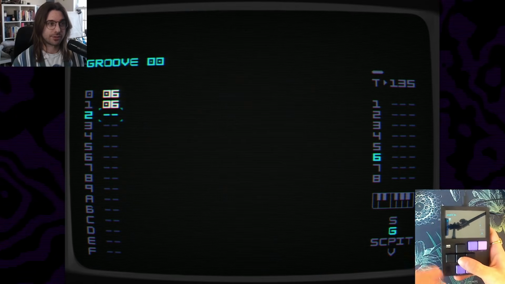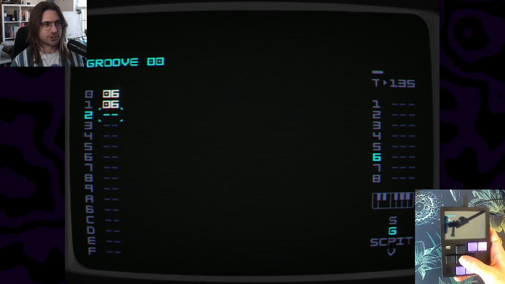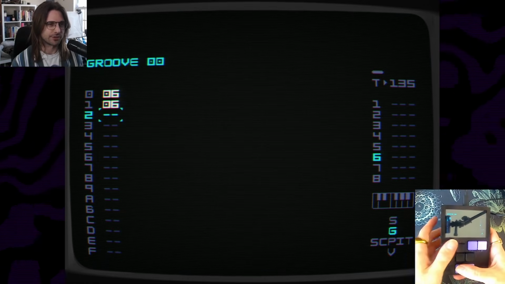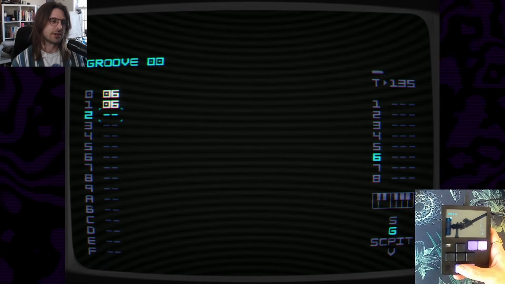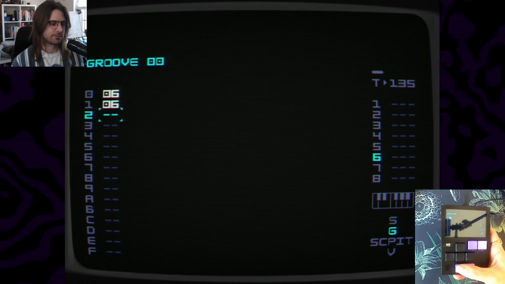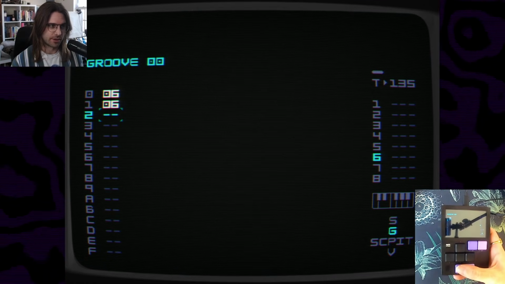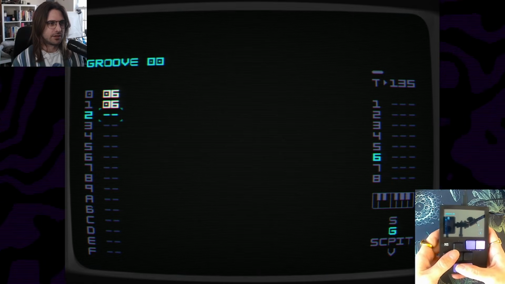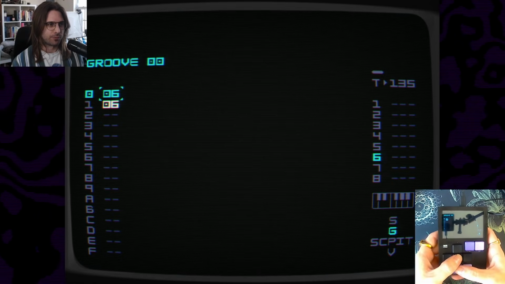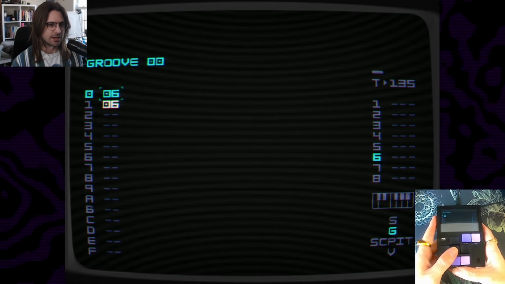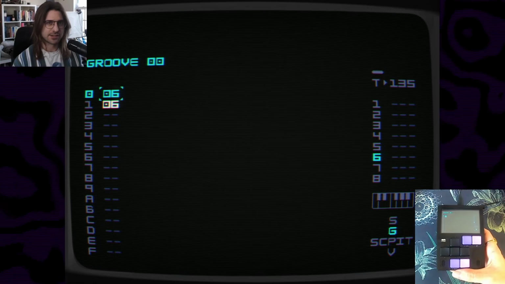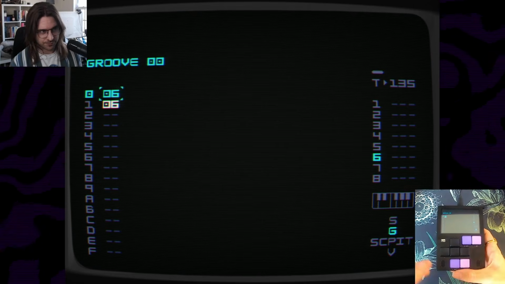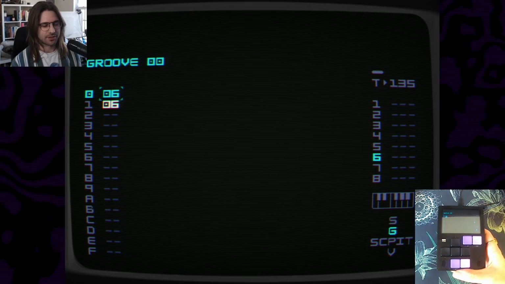Groove 00 is the groove that your project defaults to for the entirety of the song, unless you call another groove in the middle of one of your phrases. What this page is illustrating is the number of ticks it takes to progress through each step in the phrase. Now, what's a tick?